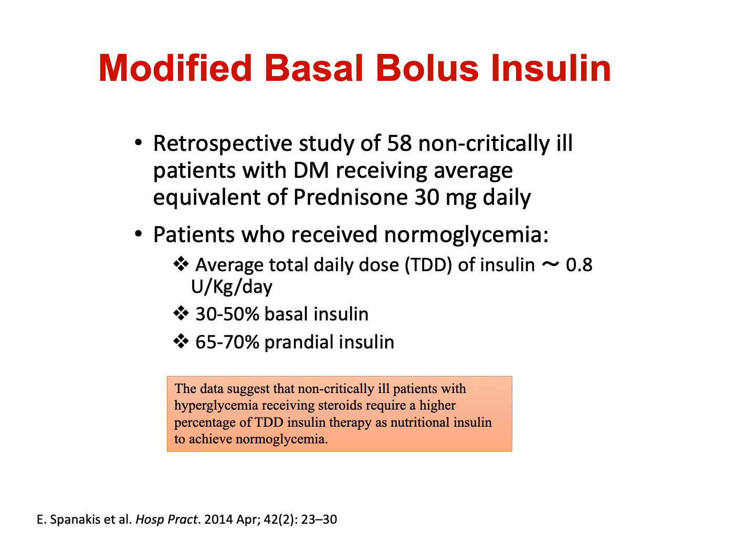You have more impact on the prandial because of the impact on the incretin effect of steroids. Okay, so the data suggests that non-critically ill patients with hyperglycemia receiving steroids require a higher percentage of total daily dose insulin therapy as nutritional insulin to achieve normoglycemia. I repeat, the modified basal bolus, instead of 50-50, is 60-40 or 70-30, a majority, a higher percentage for prandial than basal.